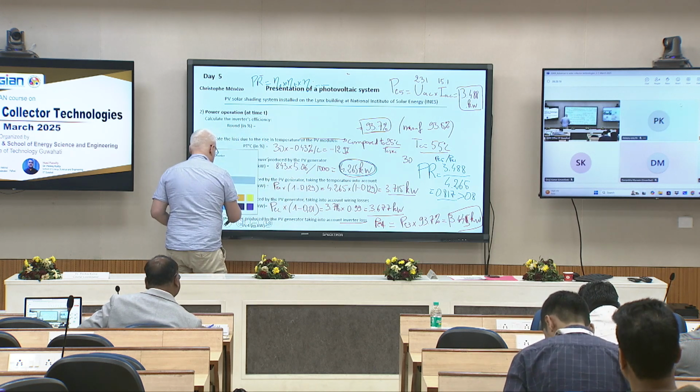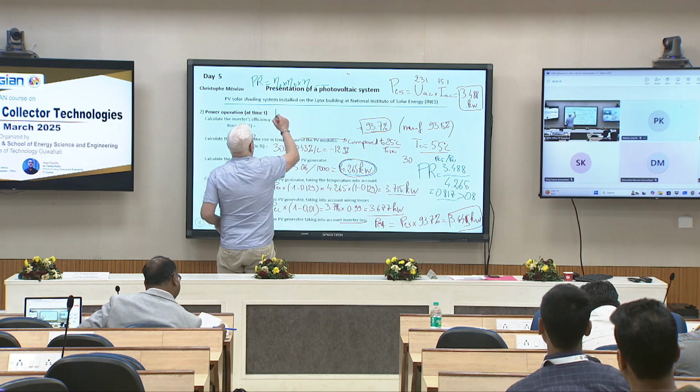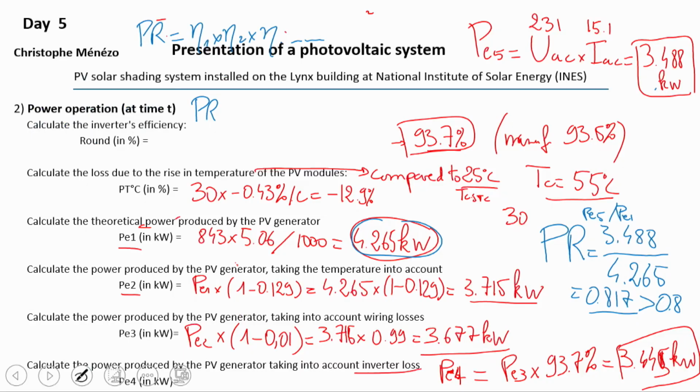So you see how to do. First, you have the temperature effect. So it was 1 minus efficiency linked to temperature effect.